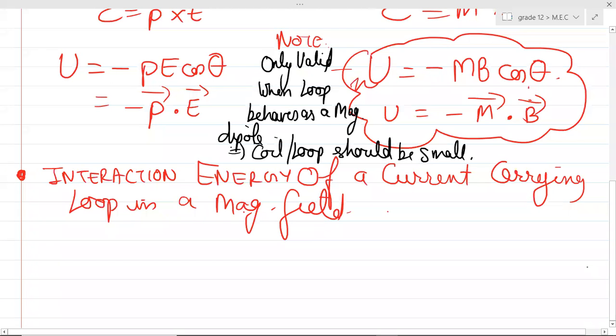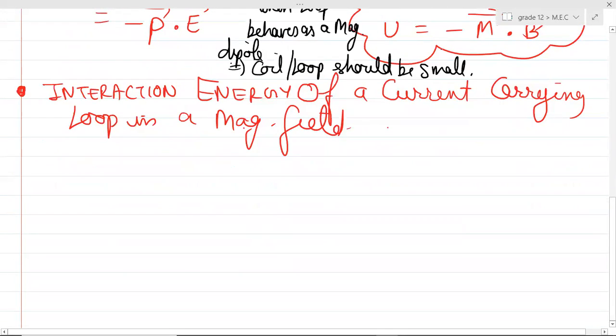So now let's try to find out the energy. Although it doesn't have a derivation in your school, if you want the derivation, you can do it like this.